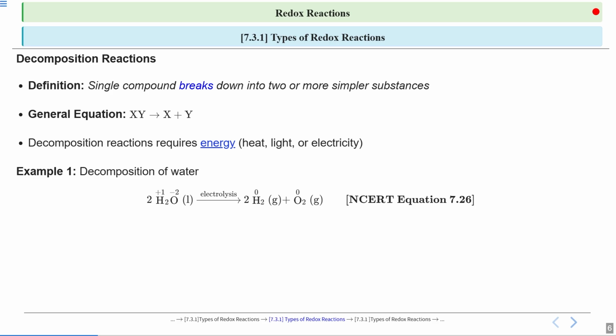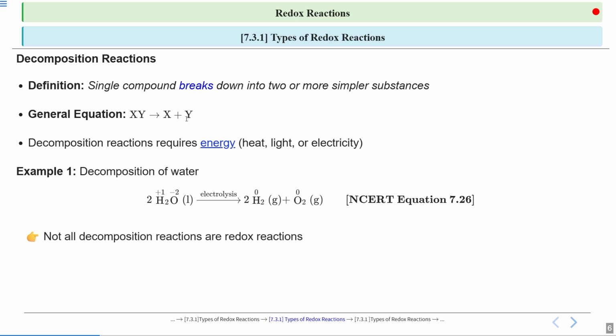Same with oxygen: it is existing in -2 oxidation state in the reactant, and in the product it is present in 0. So water on being electrolyzed gives H2 plus O2, and this is NCERT equation 7.26.